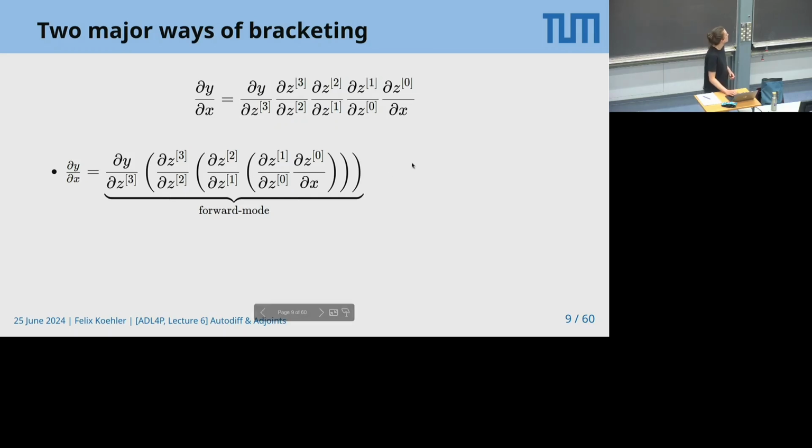So in that sense, you first multiply the last two derivative values. Once you have the result, you multiply it with the next, and so on and so forth. The advantage of this approach is that it can be done alongside the actual execution of the compute graph, because you have access to the derivative quantities at the same time as the original execution.